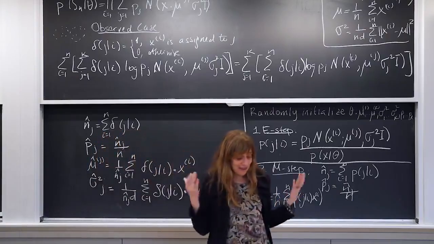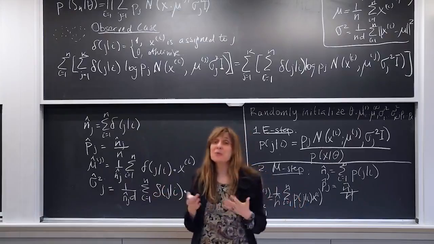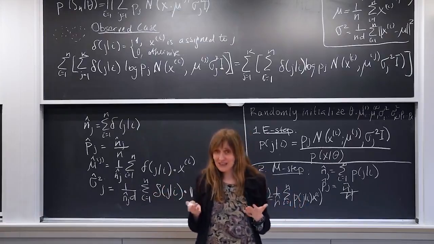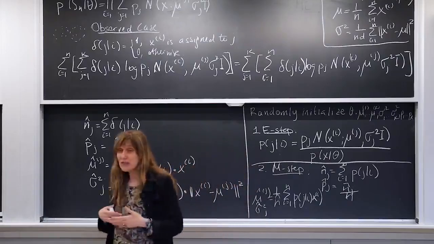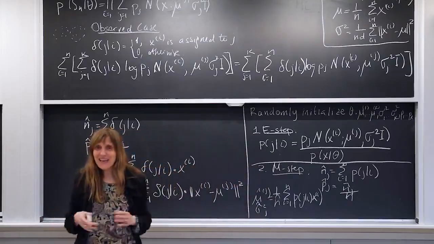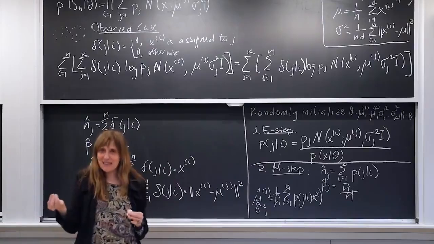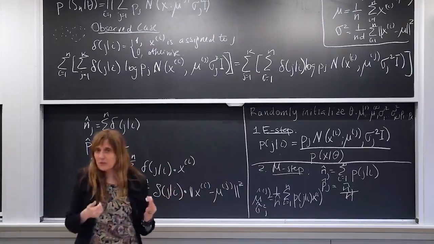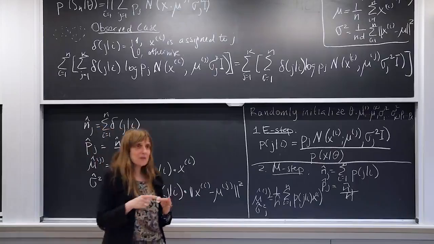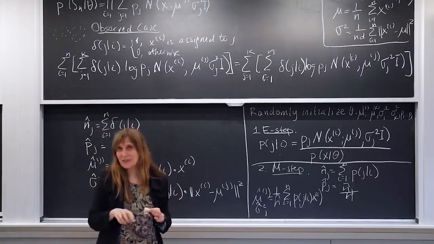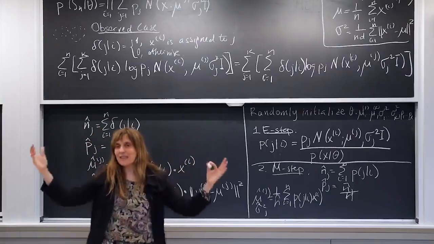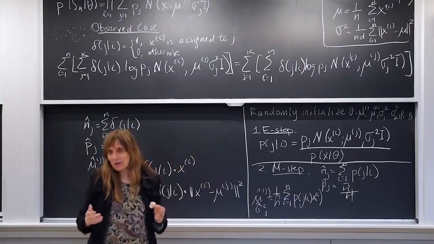You can think, for instance, in our case of the mixture model, what would be a reasonable initialization? What you can do is run the k-means algorithm and get the mus from k-means, which will be your original mus, and then maybe use the global variance as the variance for each one of the clusters, so that every cluster has reach of all the points.